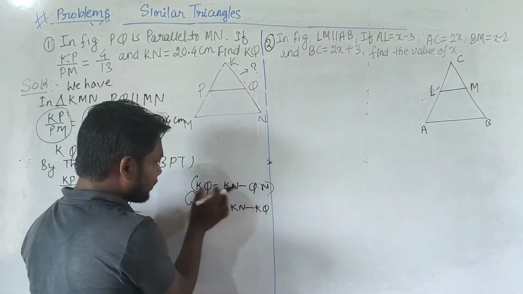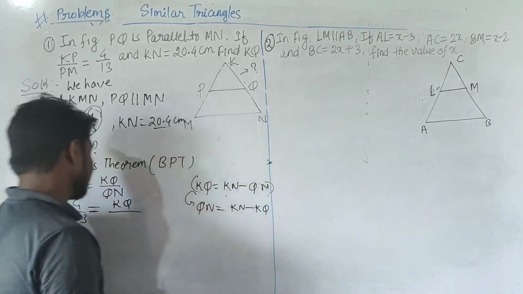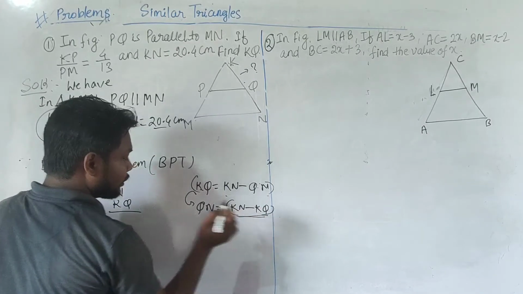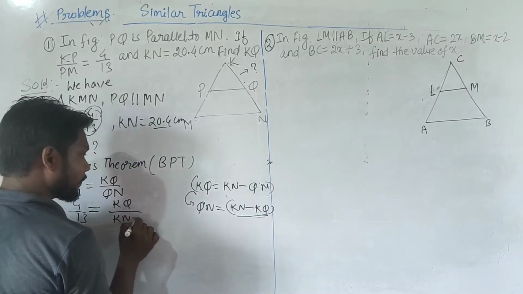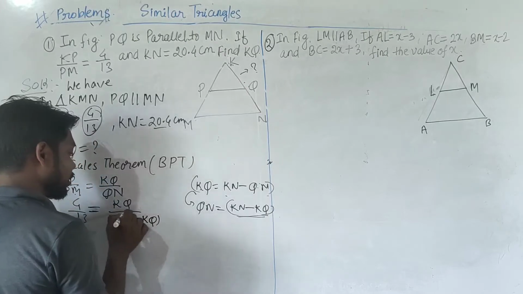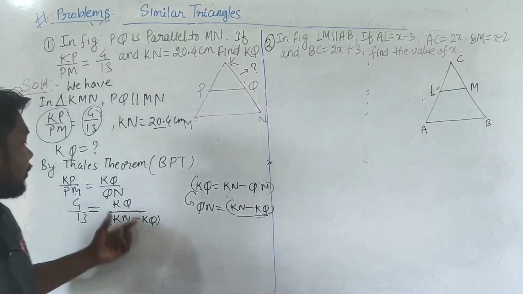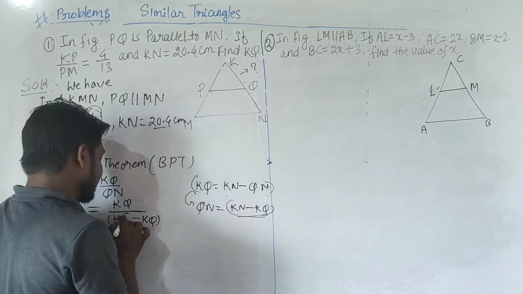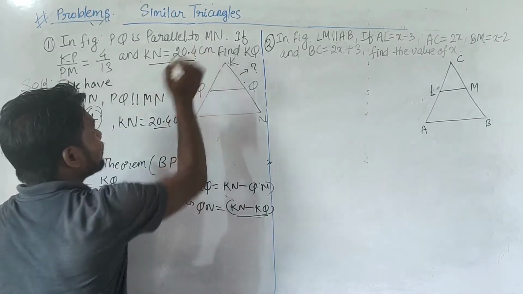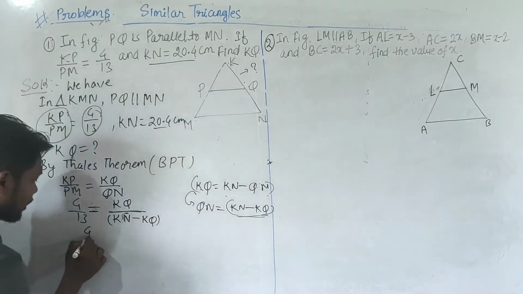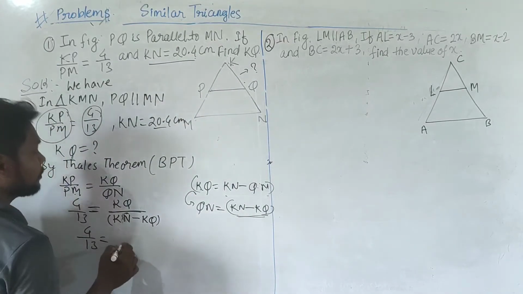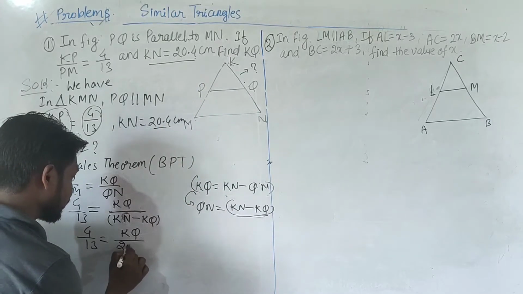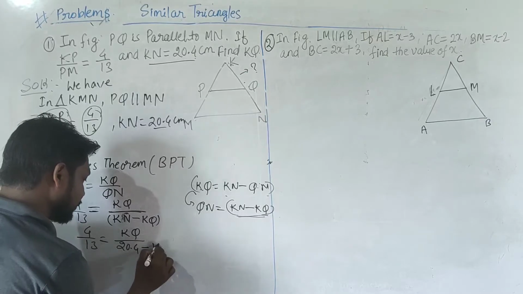So in place of QN we can put KN minus KQ. Why are we doing this? Because the value of KN is given, which is 20.4 centimeter. So now you can put the value: KN is 20.4 minus KQ, write as it is.